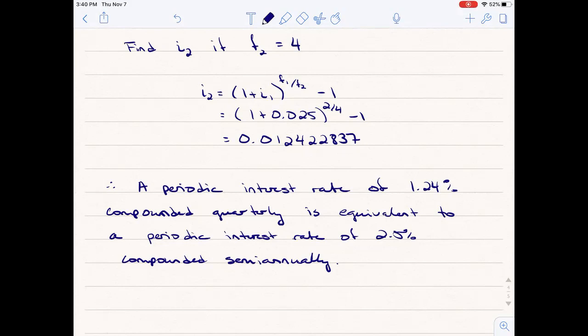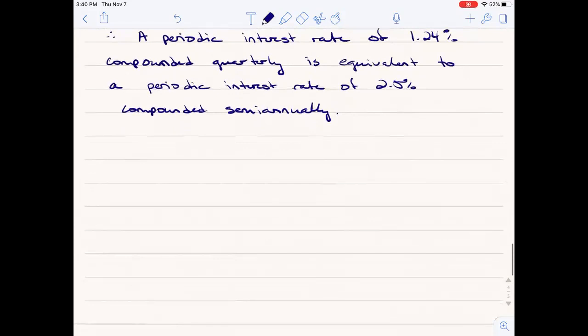Just like before, I don't want you to get stuck on these continuously compounded things, but we can find I2 even if we're moving from a continuously compounded rate. These are special cases.